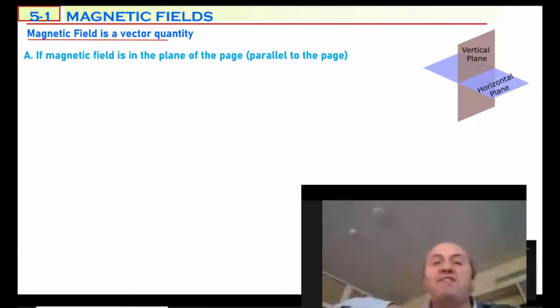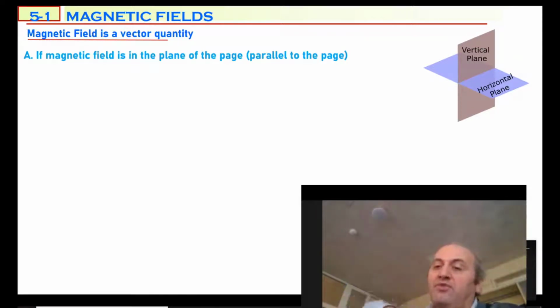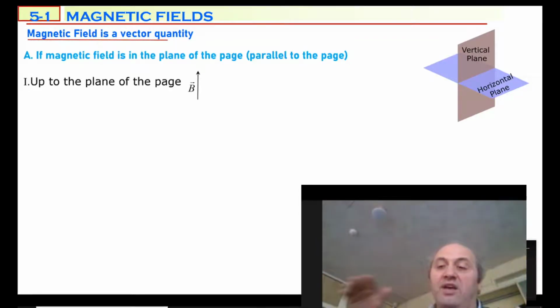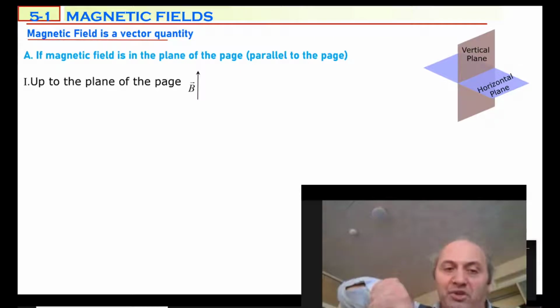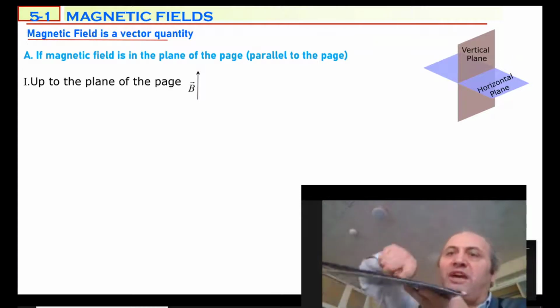If the magnetic field is in the plane of the page, meaning parallel to the plane of the page, it can go in this direction, it can go that direction, to the right, to the left. We are going to define the magnetic field like this. If the magnetic field goes in that direction, parallel to the plane of the page, but to the top of the page, we are going to say it is up in the plane of the page. This is up in the plane of the page. Can you see me?